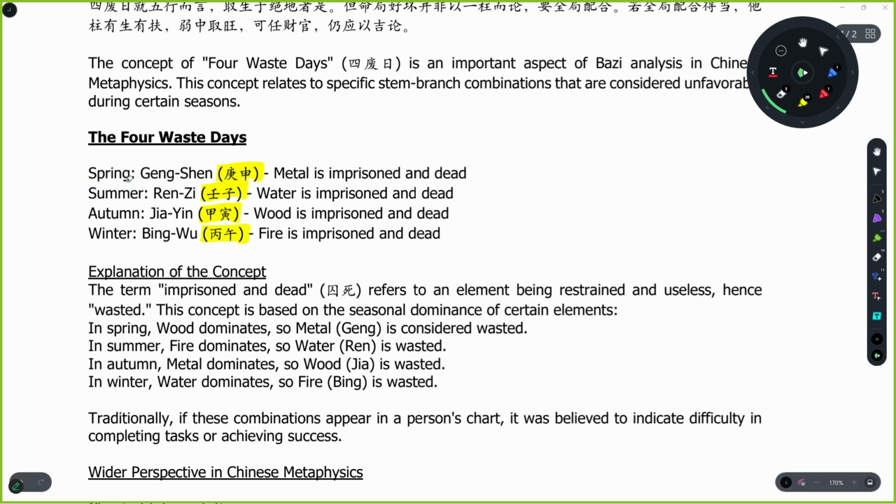Therefore, if the season is spring, then any Kangchen day is considered to be wasted. In all simplicity, if we are in winter, then any fire day will be very, very weak Qi. So basically all these are just weak Qi. That's considered to be the great waste. So it's a wasted day.